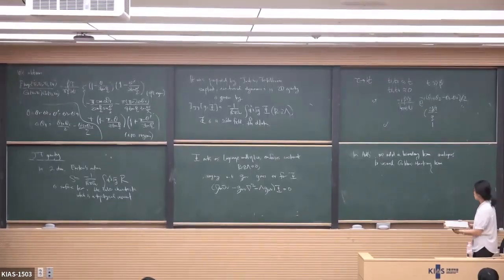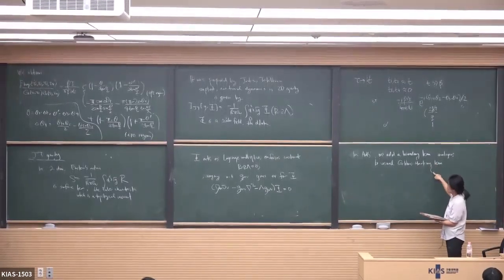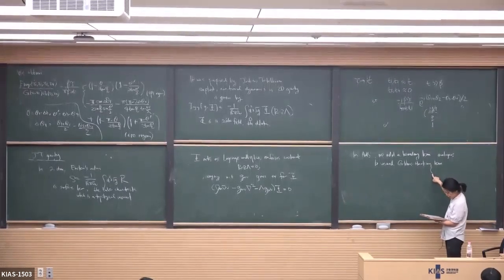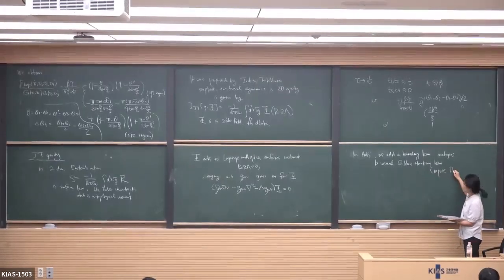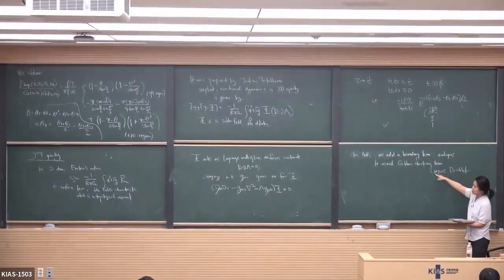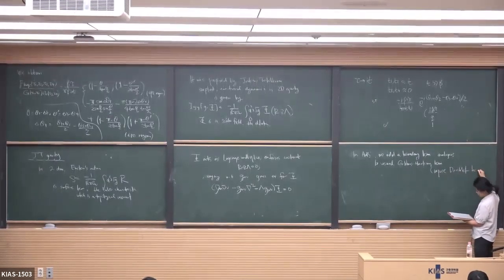So the boundary term that you need to add will depend on the boundary condition that you impose on the metric, but the default choice is to impose Dirichlet boundary conditions on the metric, and the corresponding term that you need to add is the term that I described involving the extrinsic curvature.